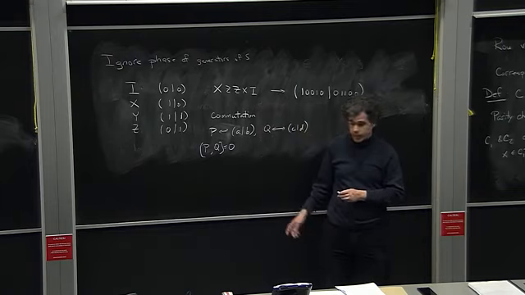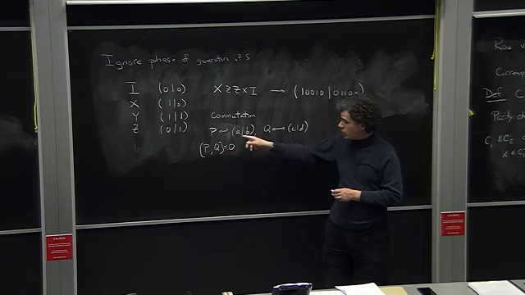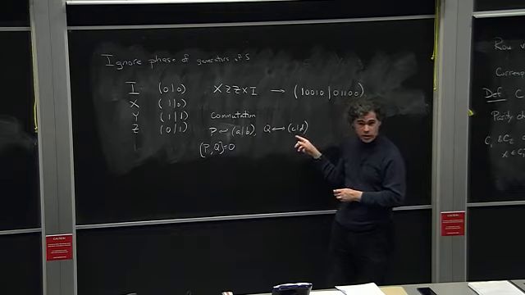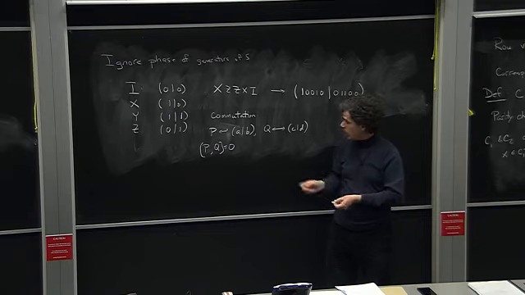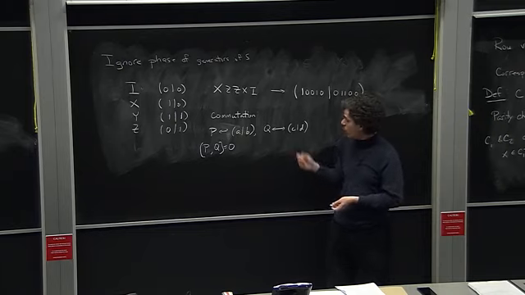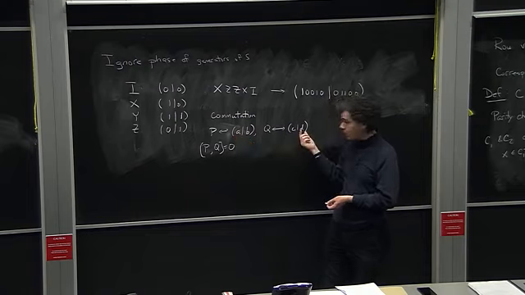Well, in order to figure out if P and Q commute, we can just look at this version and say, well, every time we have an x here, if we have a z here, that gives us a -1. And similarly, every time we have an x here, we get a -1 if we have a z here. So let's count up the number of -1s. Well, the number of -1s is going to be the dot product of A with D, right?